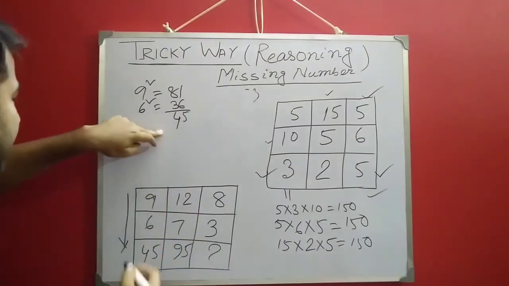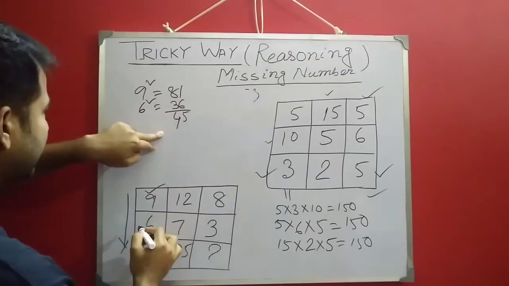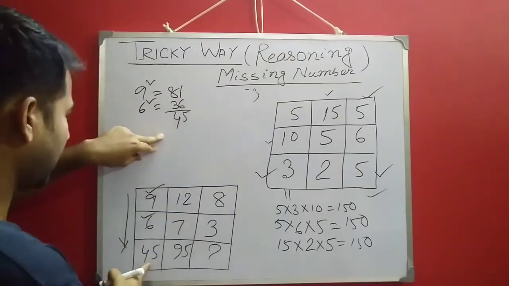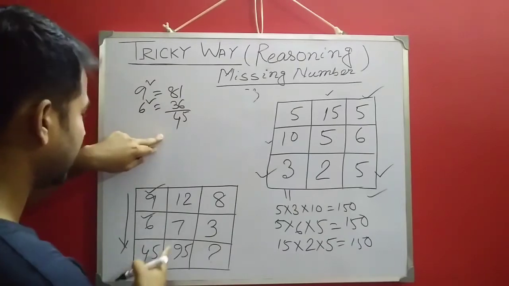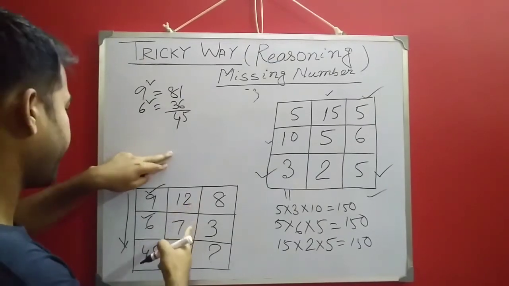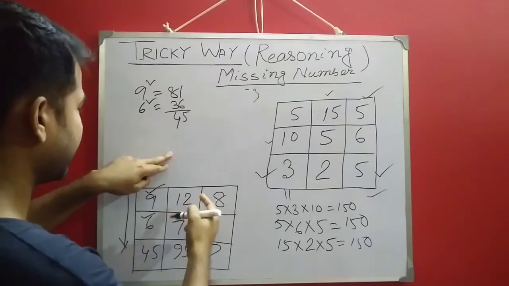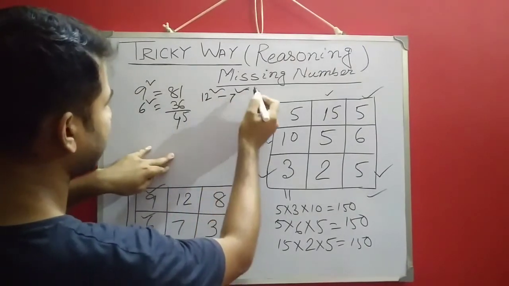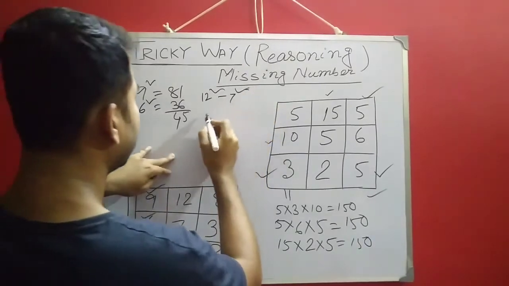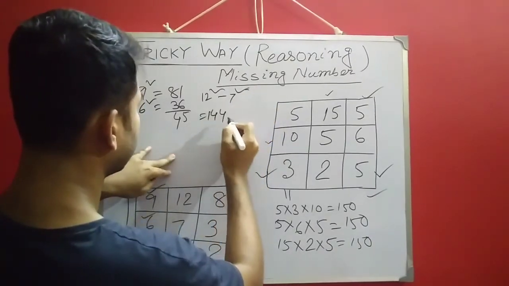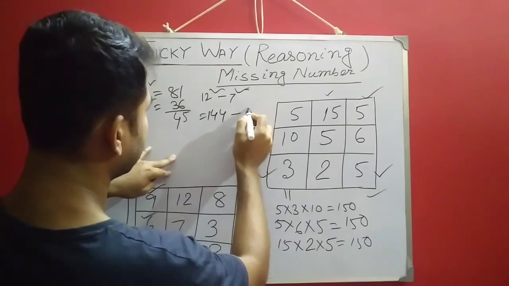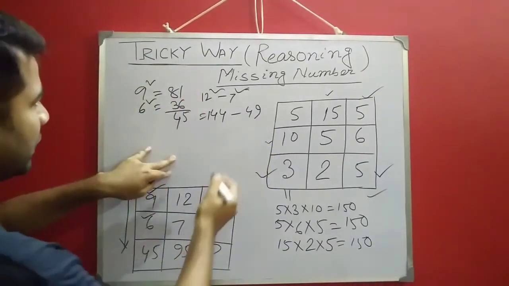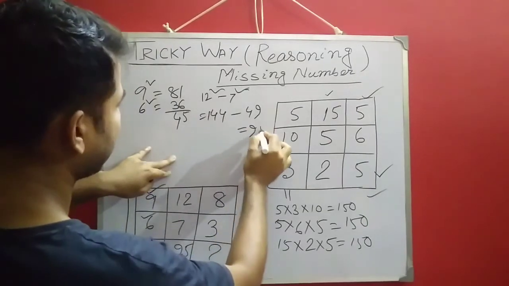Here it means the square value of this minus the square value of this equals the value. Similarly, we will apply the same rule. Means 12 square minus 7 square, which is 144 minus 49, equals 95.